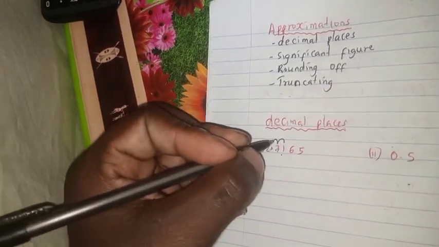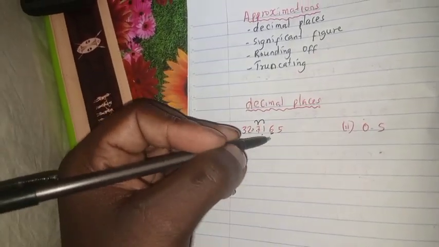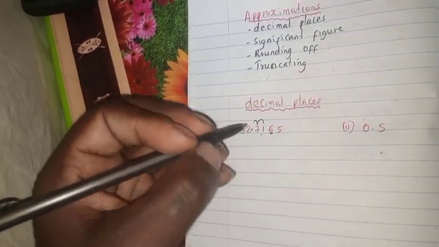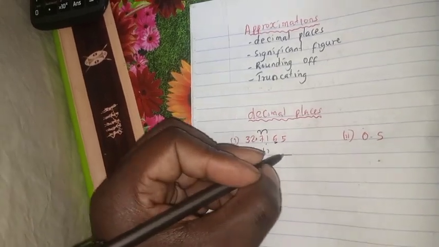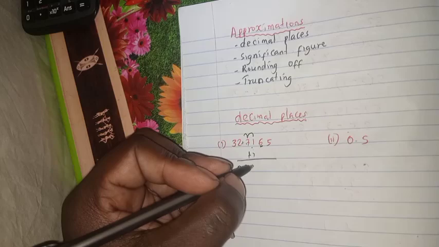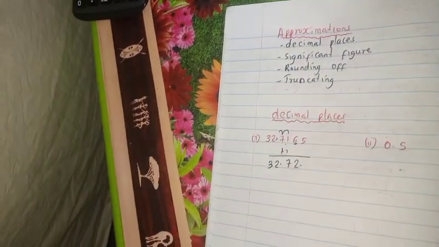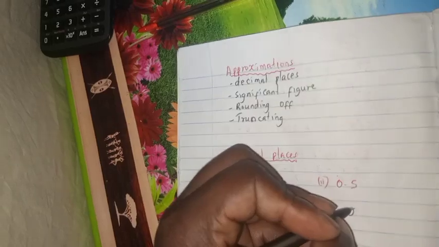The decimal point is here. Now we check on the third number whether the number is more than 5 or less than 5. It is more than 5, and therefore we add 1 here, and we are going to get our answer 32.72.